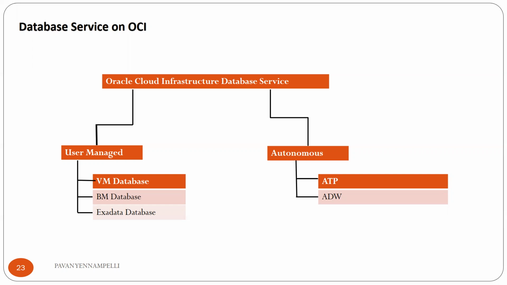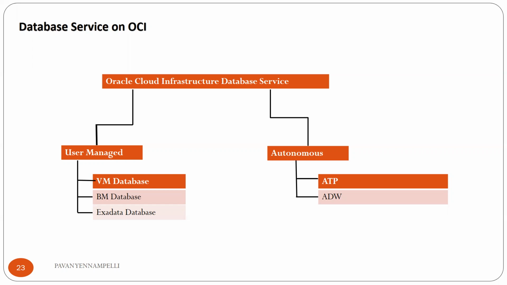Coming to the bare metal, it's a dedicated, on-premise-like server. You'll get a single node server with root access and some file system storage, and you can have database software.